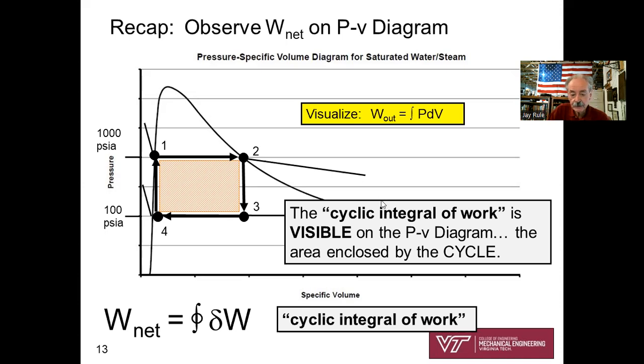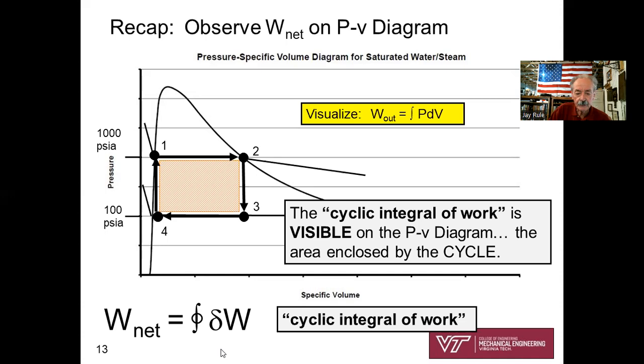Okay. And so what this means, I'm trying to write this out in words, is a way to say the cyclic integral of work. The integral sign with the circle, that's a cyclic integral of incremental work. The cyclic integral of all the works is W net.